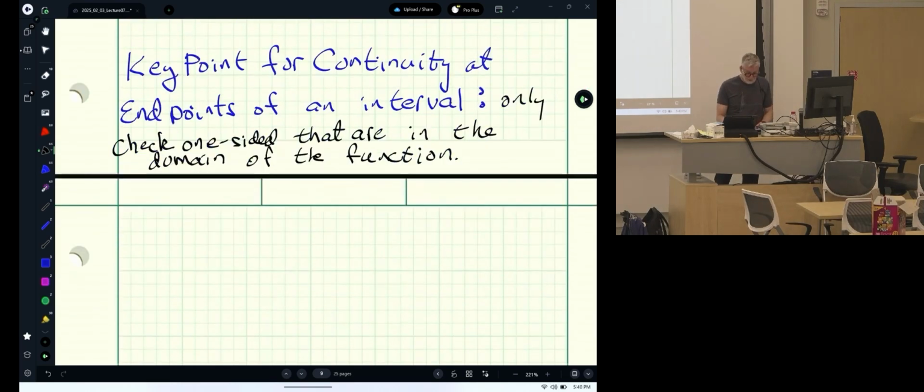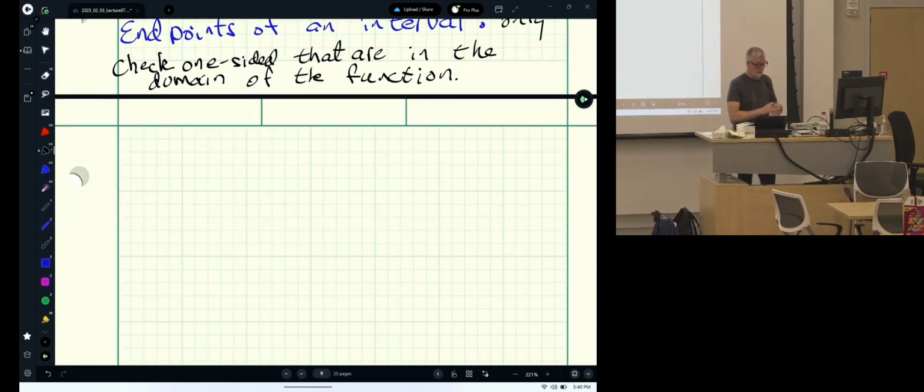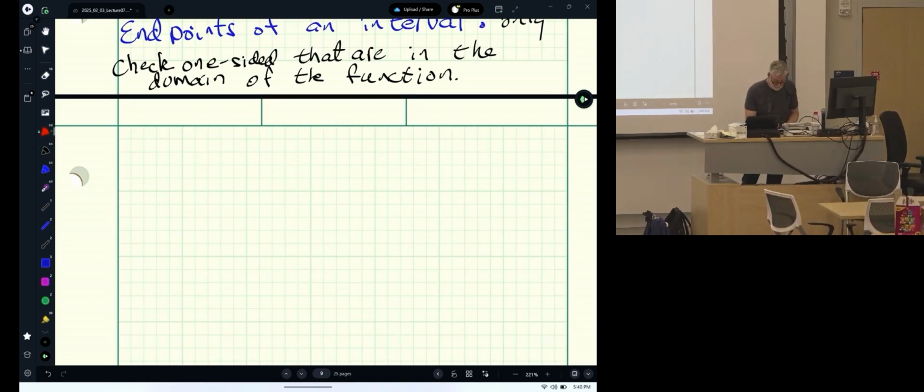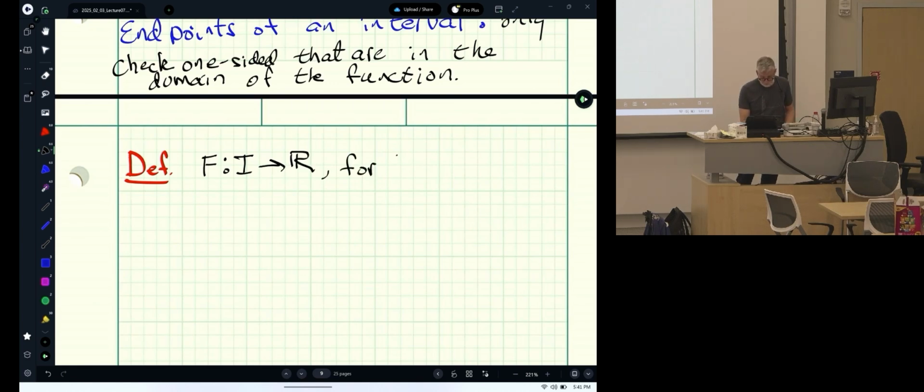Okay. Now we're going to give a definition that Jason anticipated for us. So definition: f takes some interval I to R, for I equals, could be open at the two endpoints.